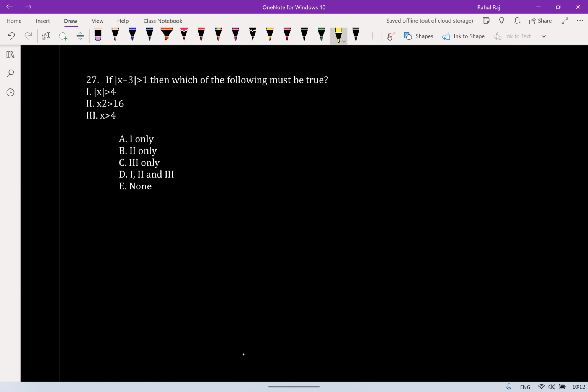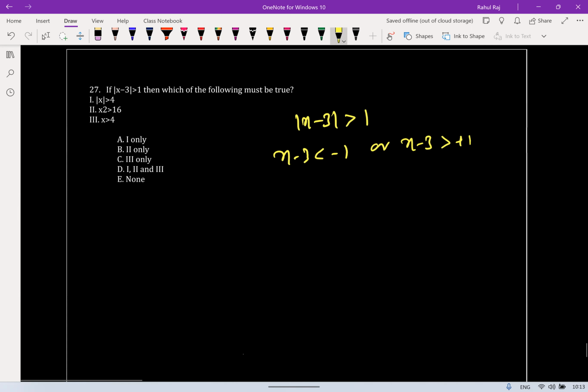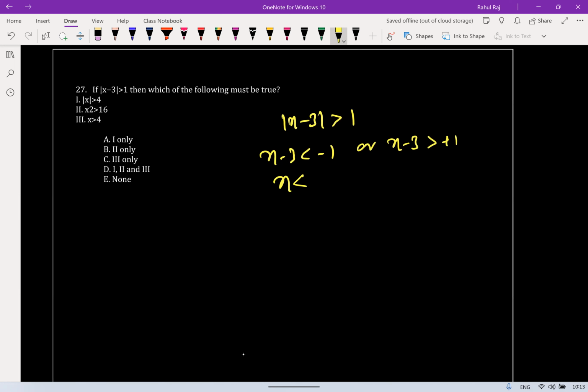When it says mod of x minus 3 greater than 1, it means x minus 3 is less than negative 1 or x minus 3 is greater than positive 1. It means that x is less than 2 or x is greater than 4. So you take any value of x less than 2 or greater than 4, and mod of x minus 3 is greater than 1.